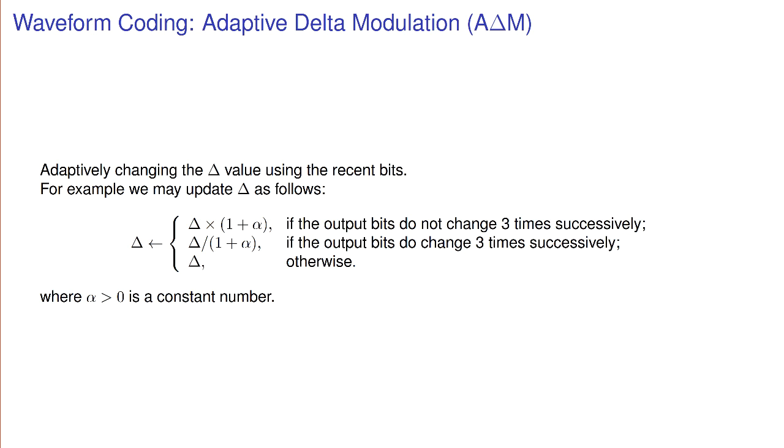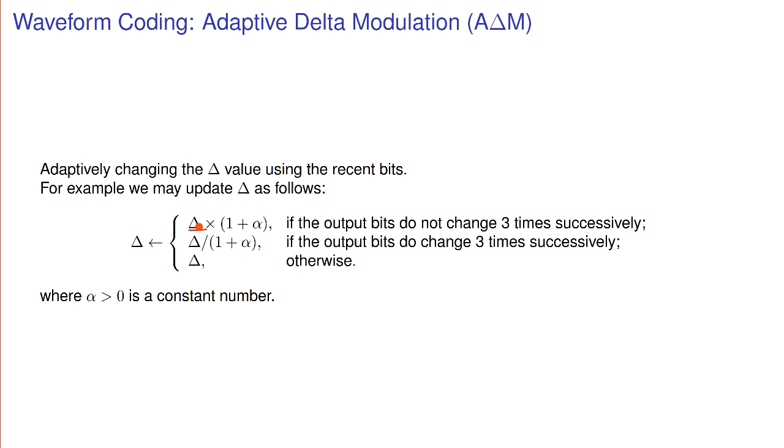For example, you can say that if successively 3 or more of the outputs have the same sign, I could increase delta by multiplying it by 1 plus alpha, where alpha is a percentage of increase. For instance, you could double delta. If 3 output bits are successively equal to +1 or -1, this is just an example, you could increase your delta.